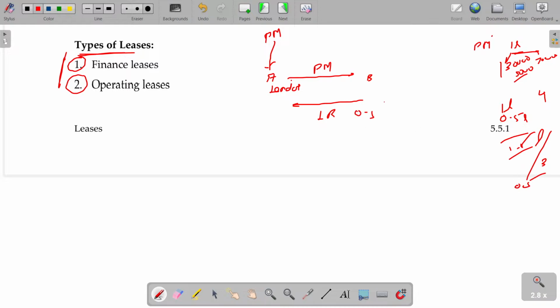Now see, after 1 month of usage, B says, sir, I want to cancel the lease. What happens here? A big shock to A. A says, I purchased only for your requirement. If you say no, then I don't want to use this plant and machinery anywhere. I am not interested in using this.